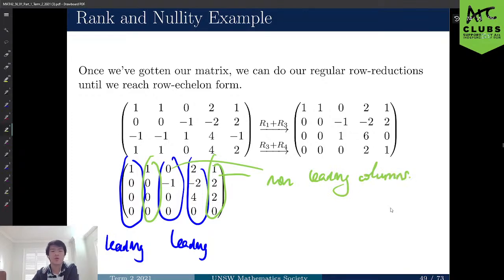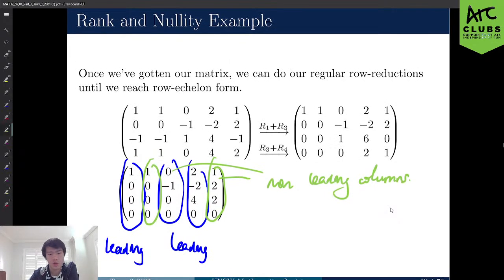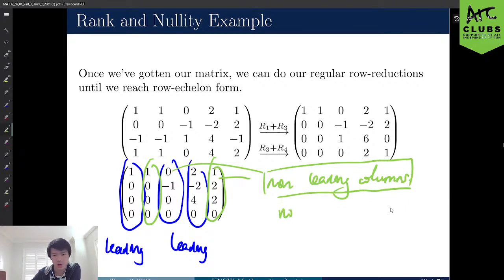When we did row reduction a bit earlier with linear independence, we recognized that these non-leading columns were expressed as not pulling their own weight. We don't really need them. So these are not going to be necessary if we want a basis for the image.